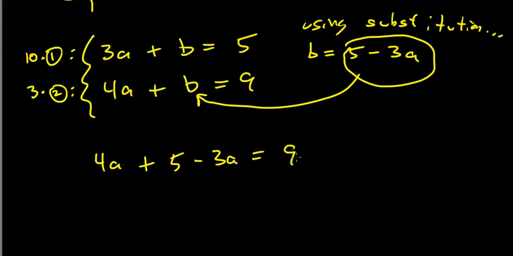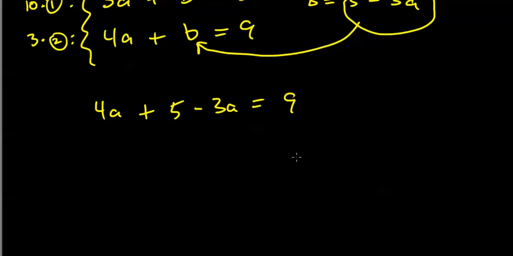And now we've got one equation with one variable that I should be able to solve pretty easily. 4a minus 3a is 1a. If I subtract 5 from both sides, 9 minus 5 is 4. So I know that my point of solution is going to be 4, comma, whatever b turns out to be.